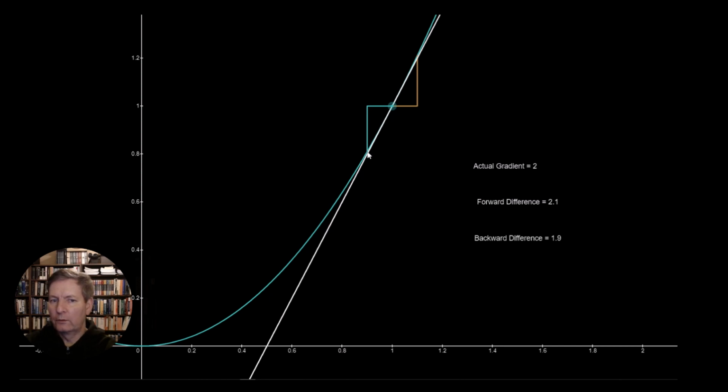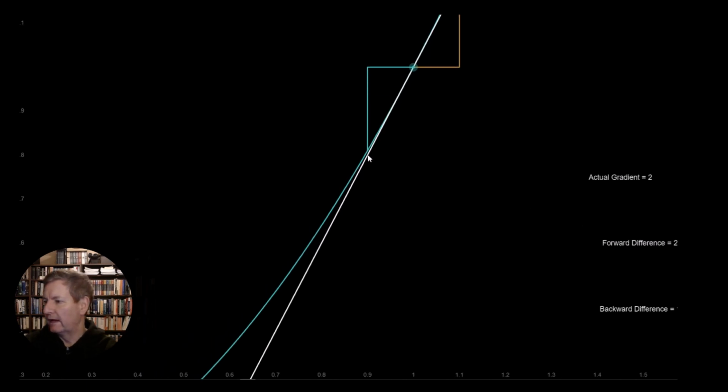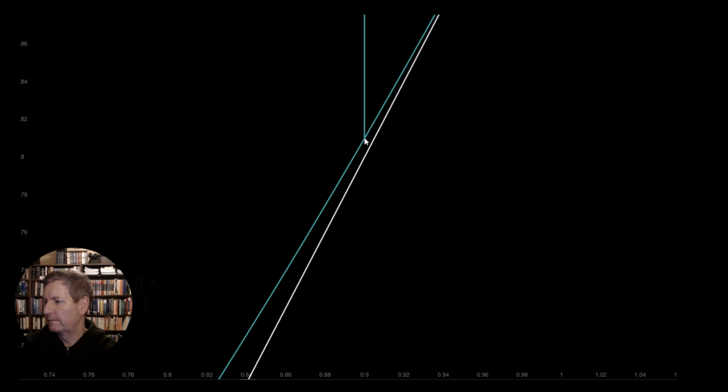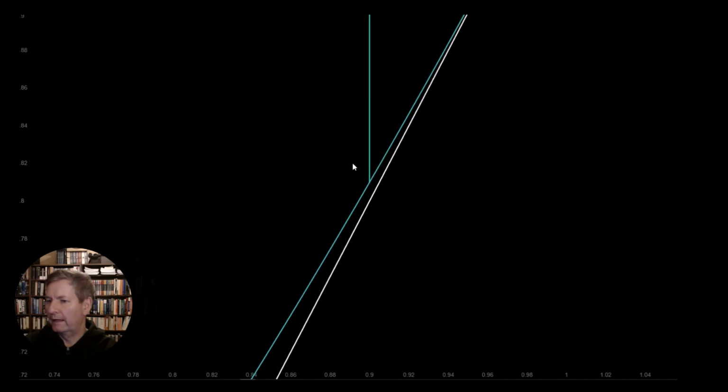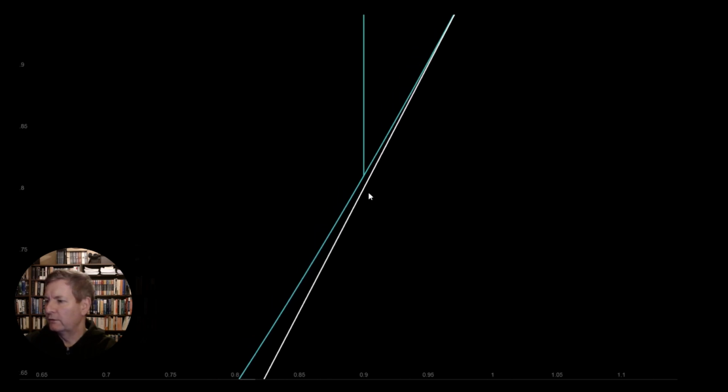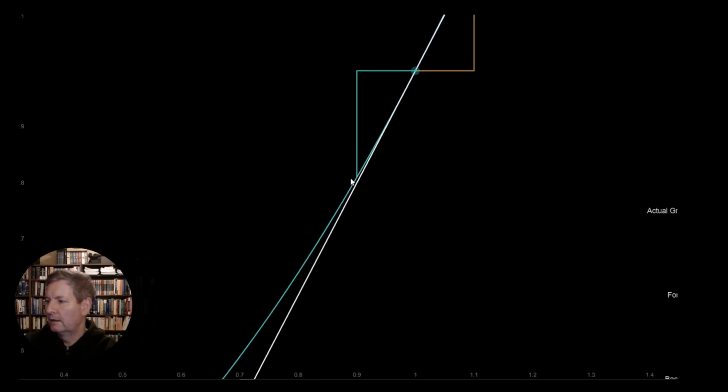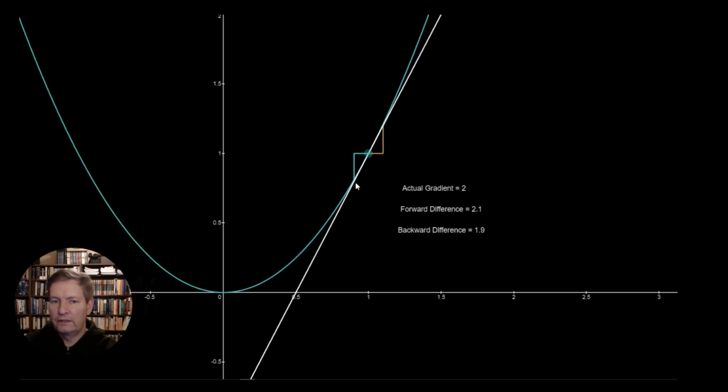And we again go on to the function and find the actual value at that point. And this is the value here. So you can see here that the gradient for this backward difference again is not the same as the actual gradient of the point. And if we have a look here, we'll see the actual values. So for the backwards difference we get 1.9, for the forward difference we get 2.1.